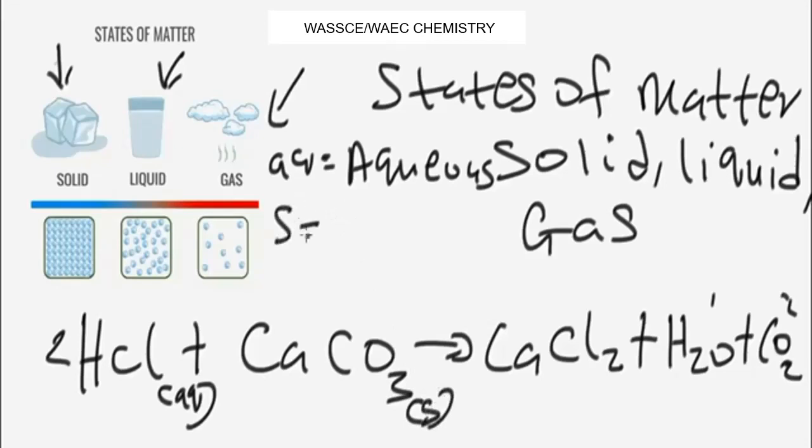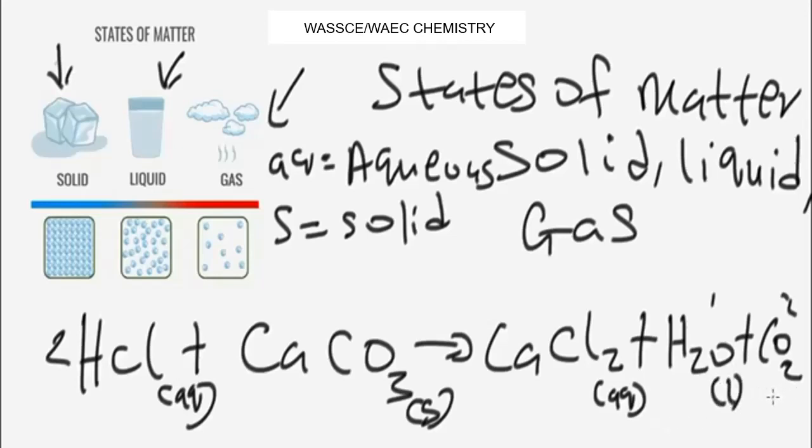The small letter s stands for solid, so it shows that the substance is in a solid state. Here this calcium chloride is also aqueous, showing that it is dissolved in water. And this water, of course, is in liquid state.